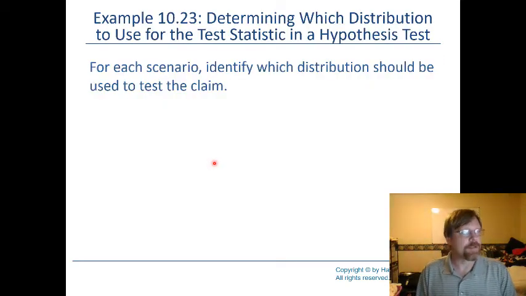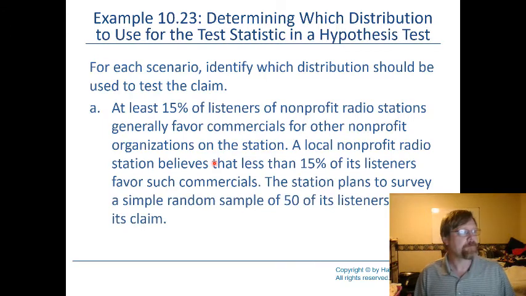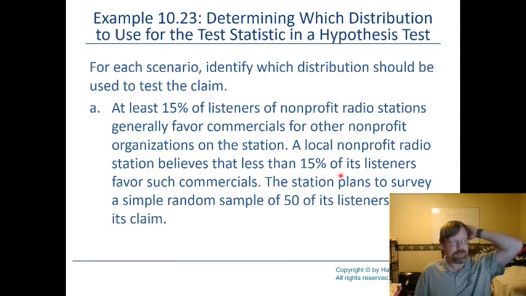All right, so let's look at a few examples and just work on identifying which test we need. Okay, so scenario 1, we've got a local nonprofit radio station, so NPR, believes that less than 15% of its listeners favor commercials for other nonprofit organizations.